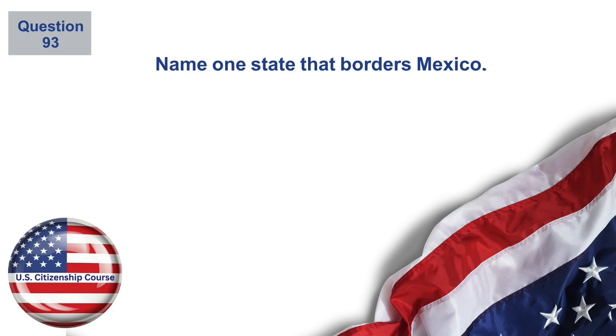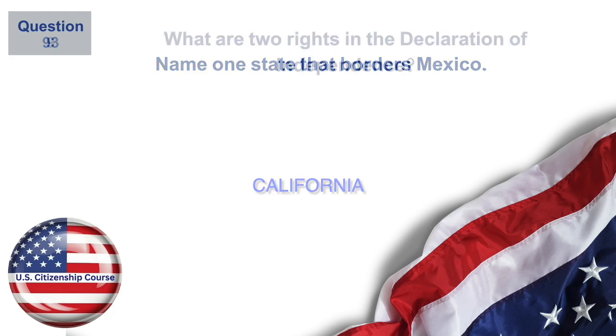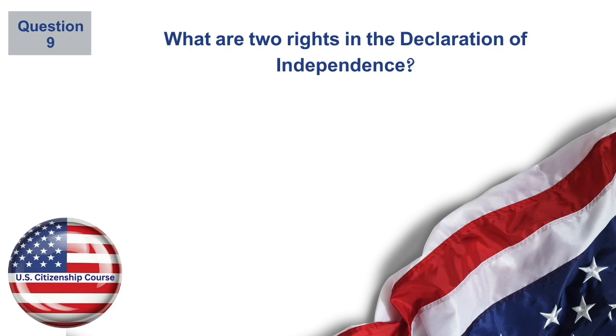Name one state that borders Mexico. California. What are two rights in the Declaration of Independence?